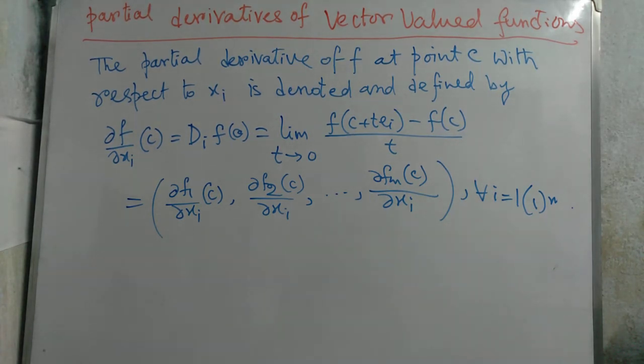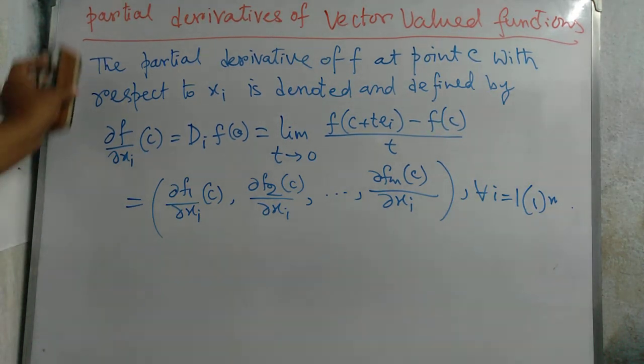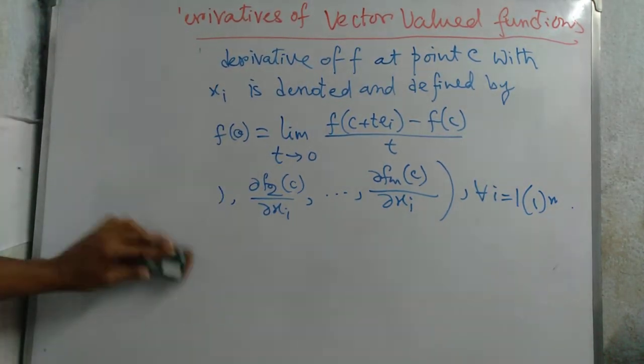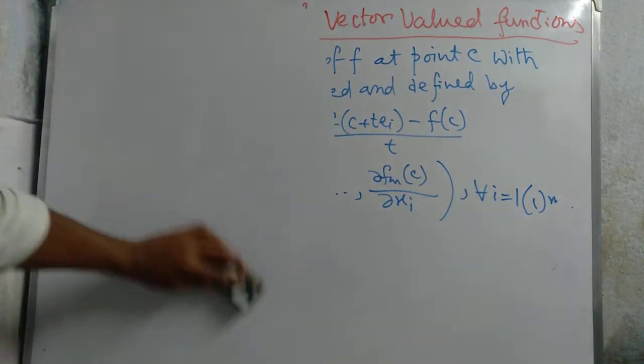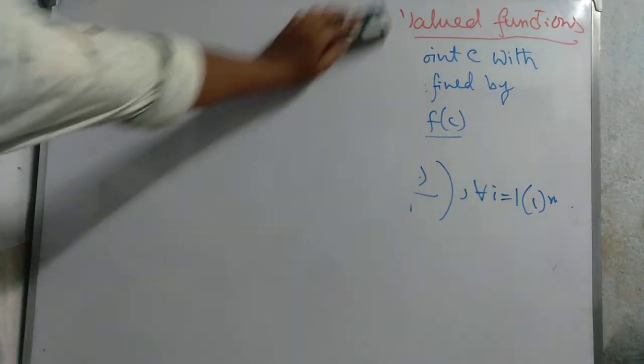Then we also go to the Jacobian of a function. We will erase this portion and start another discussion about the Jacobian of a function.